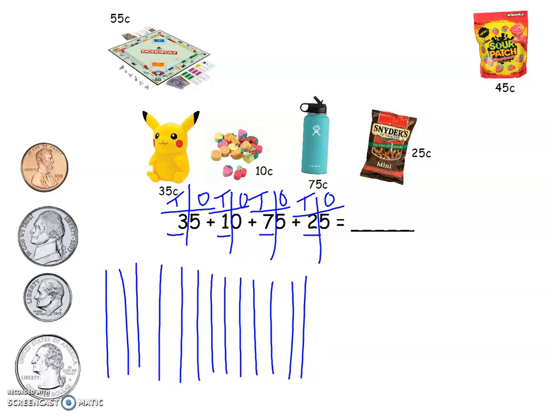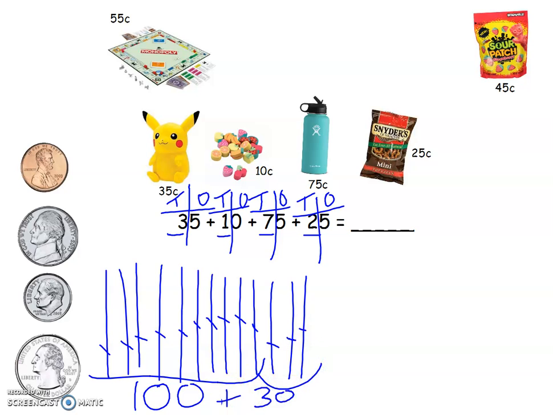All right, so now I need to add them up. 10, 20, 30, 40, 50, 60, 70, 80, 90, 100. 10, 20, 30. So 100 plus 30, I have 130 cents already, or $1.30.